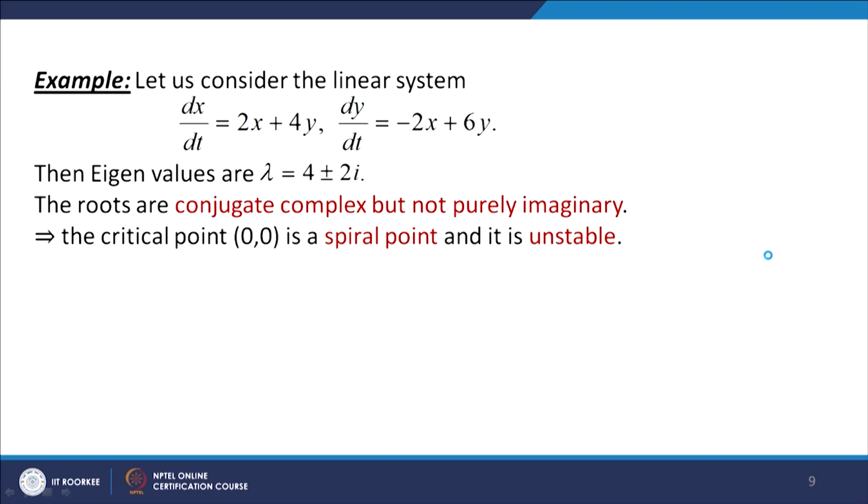An example on this: dx/dt = 2x + 4y, dy/dt = -2x + 6y.